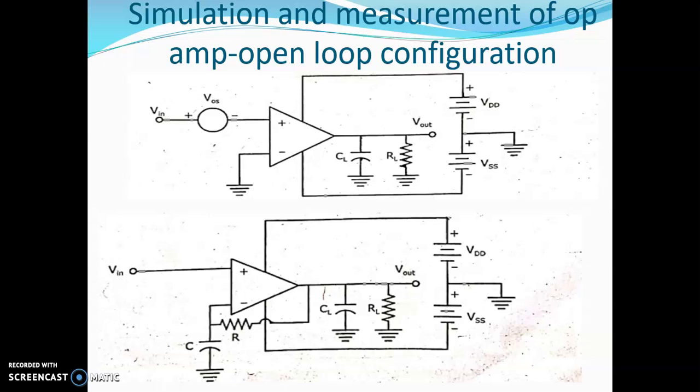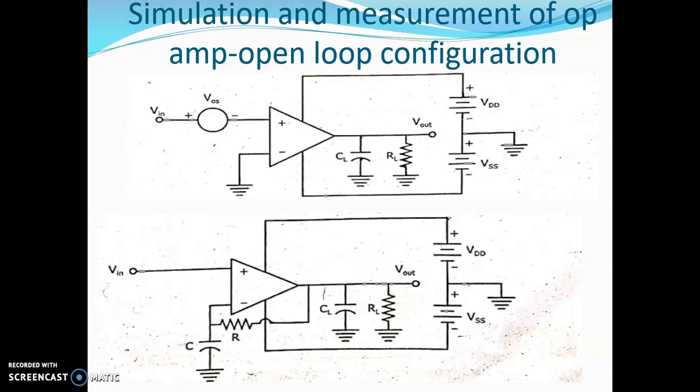After fabrication, for testing and evaluating CMOS, we can verify each specification over a large number of op-amps to ensure a working op-amp in the case of process variation. These are the simulation and measurement variations of op-amp.